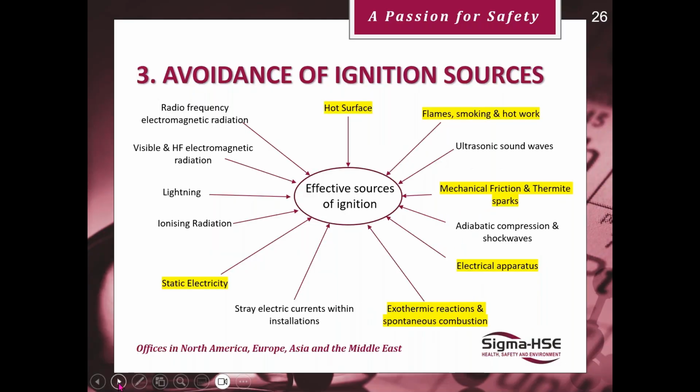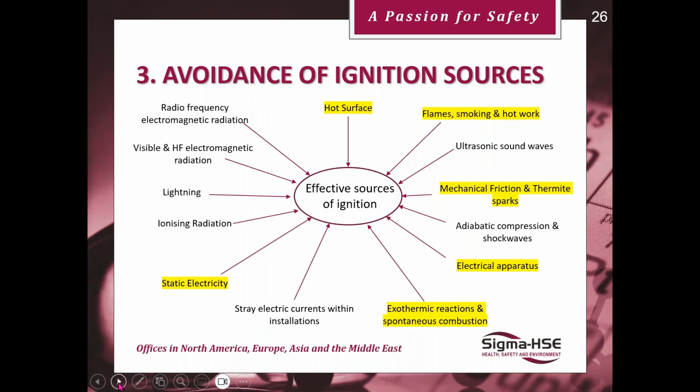Avoidance of ignition sources. What you're seeing here is what's given in EN 1127, which are 13 potential sources of ignition in any process. Normally, and I say this with experience, most processes we tend to look at just a few.